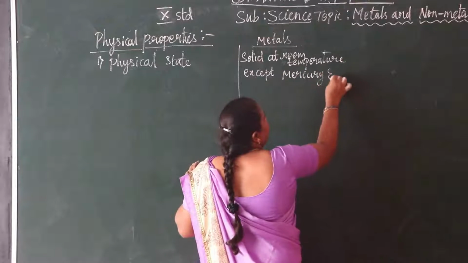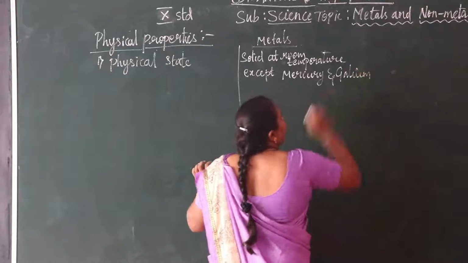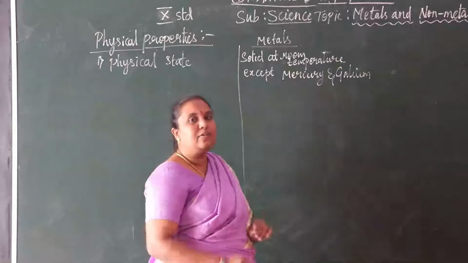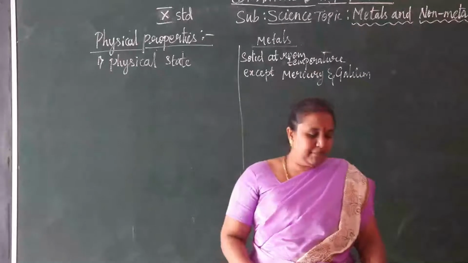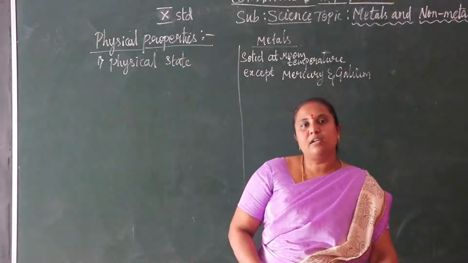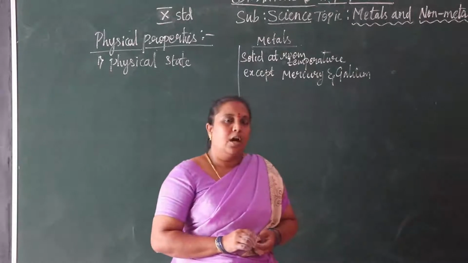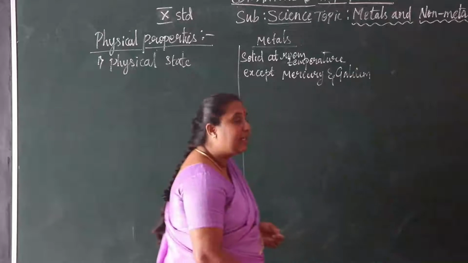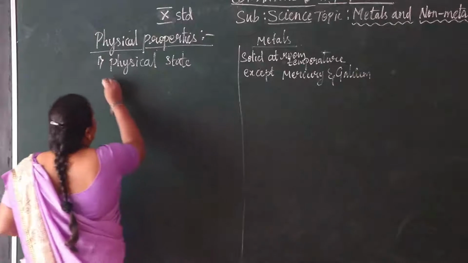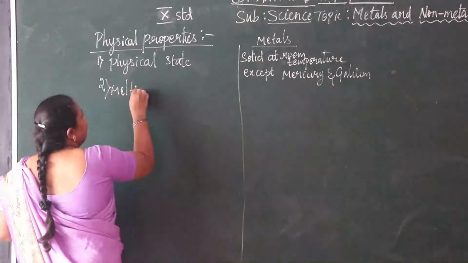Mercury and gallium are the liquid metals at room temperature. And then the second one is melting and boiling property.